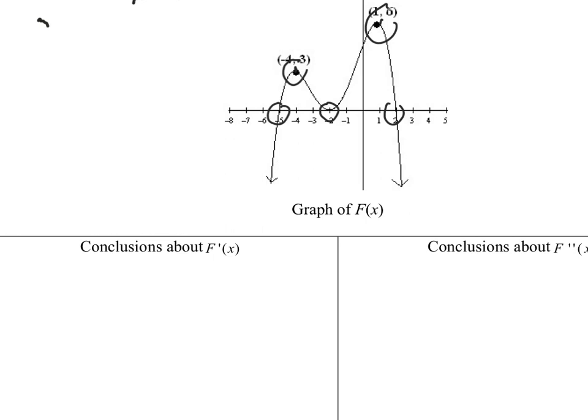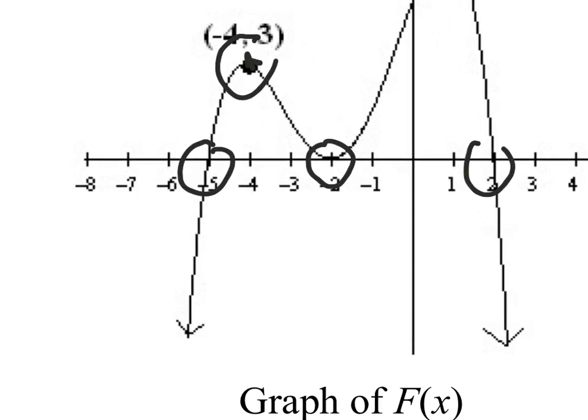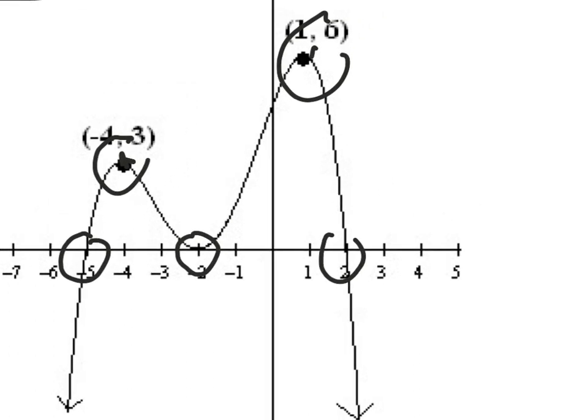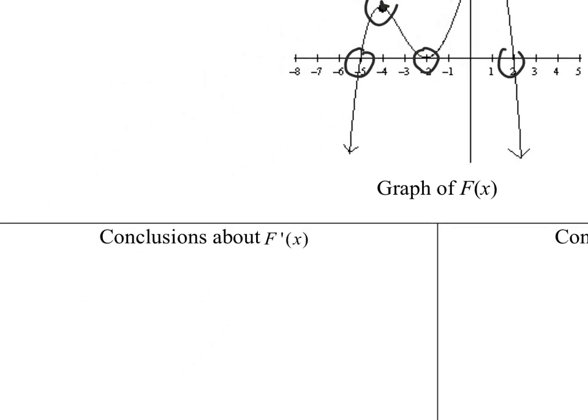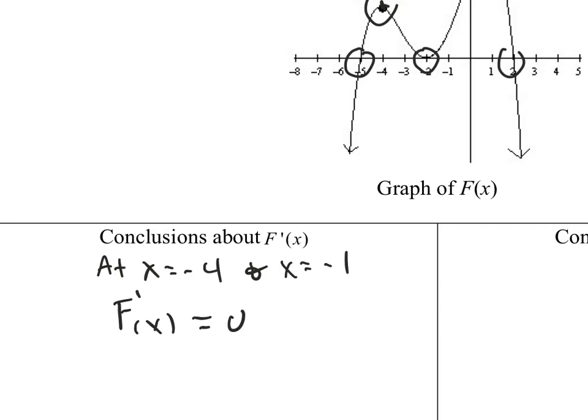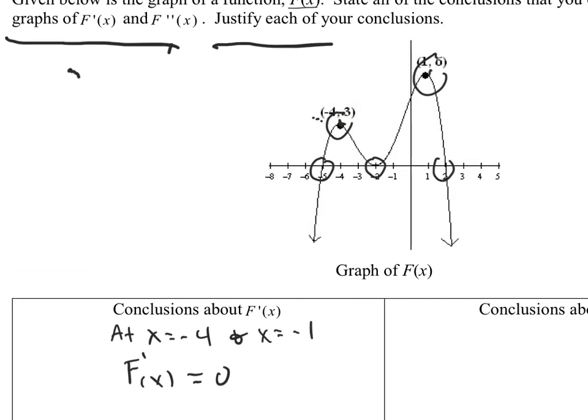Well, obviously, at x equals -4 and x equals -1, F prime must equal 0. Why? Tangent lines are 0.